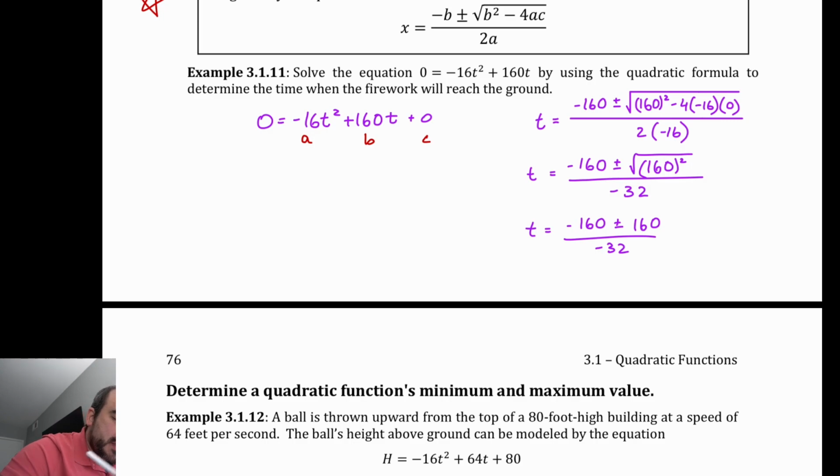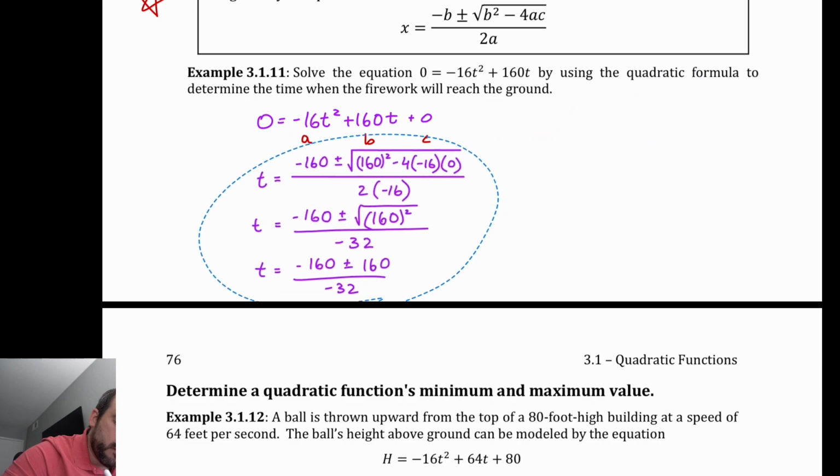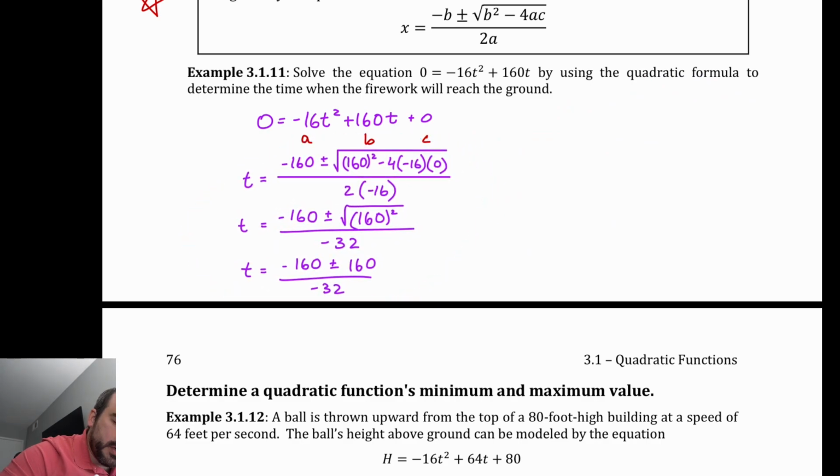And now we're going to split into two equations. Let me actually make myself a little room here by putting this here. We're going to take this and split into two equations, or two expressions.